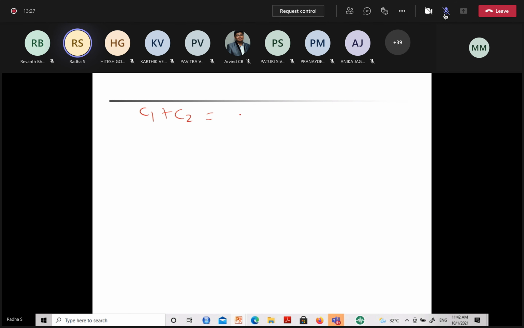C1 plus C2 is 5, C1 is 2 minus C3, C2 is 3 minus C3. So can you please solve this? 5 gets cancelled. So C3 is 0. Right? So very easy. C1 is 2, C2 is 3, C3 is 0.